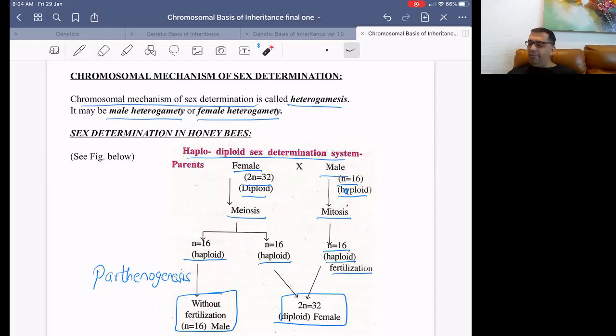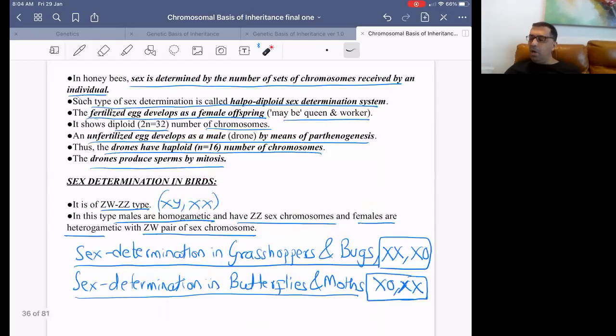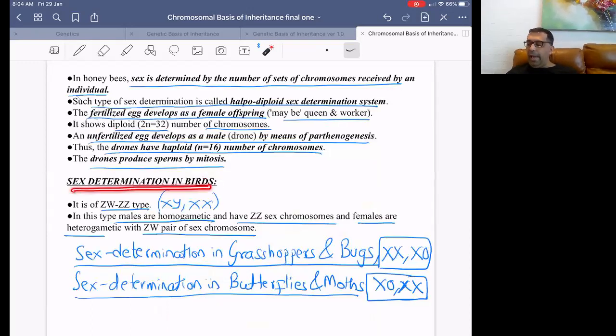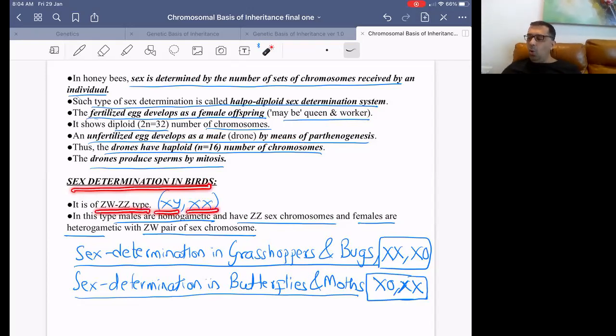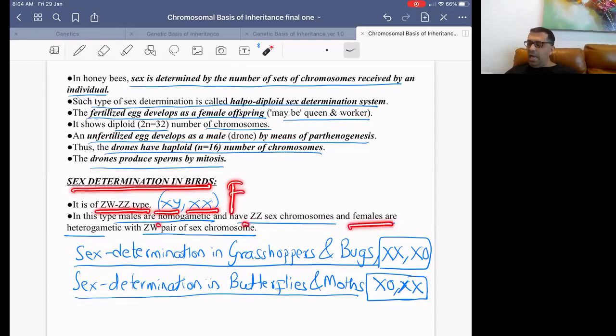Then you have sex determination in birds. In birds it is the opposite. You have ZW and ZZ. Females are heterogametic with a ZW pair of sex chromosomes.